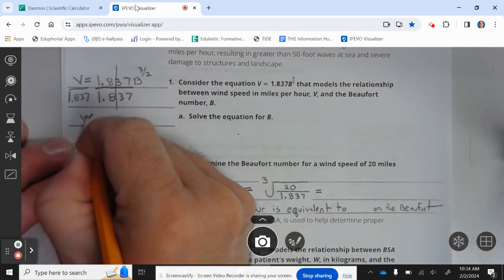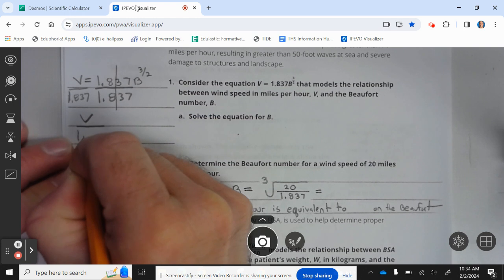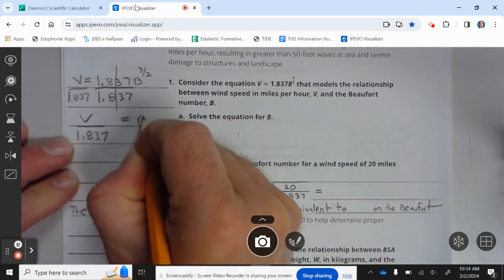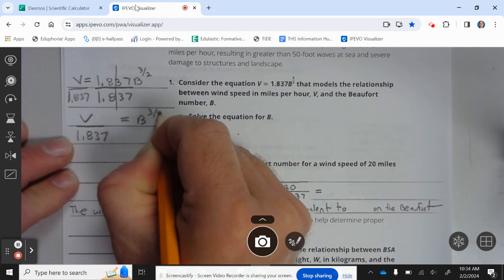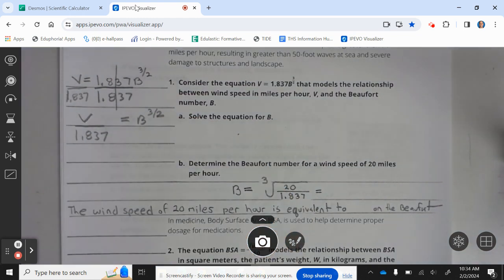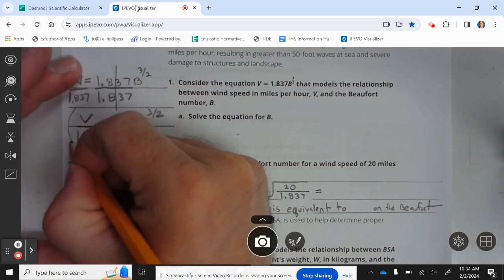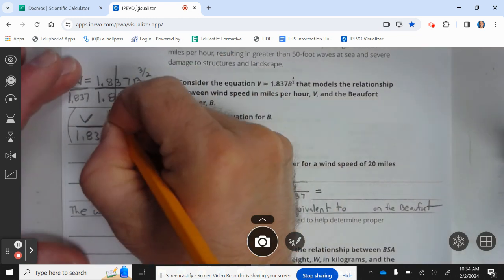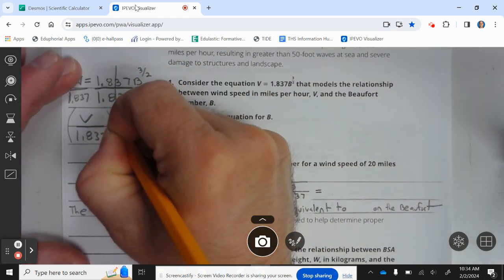You get v divided by 1.837 equals b to the 3 divided by 2. And then we need to raise both sides by 2/3.